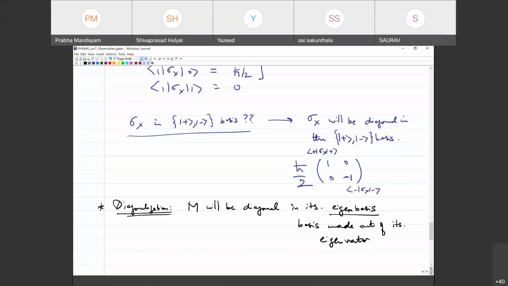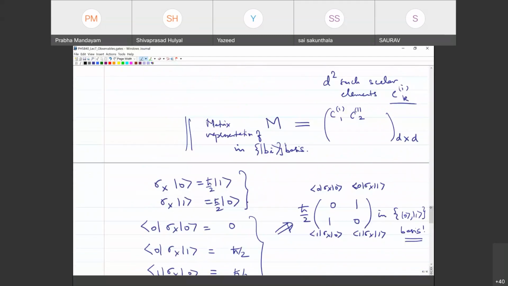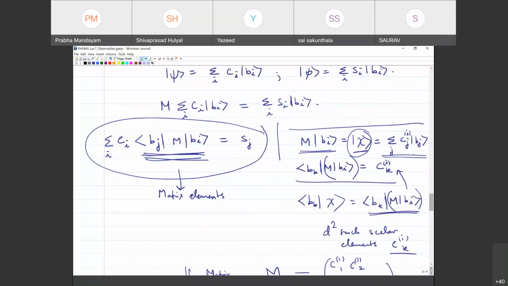And remember that I said this is an orthonormal basis, right? That's what makes all these other terms in the superposition go away, the fact that it's an orthonormal basis.